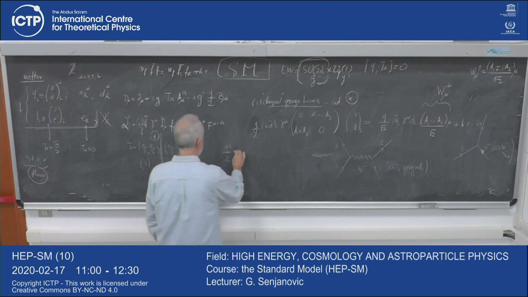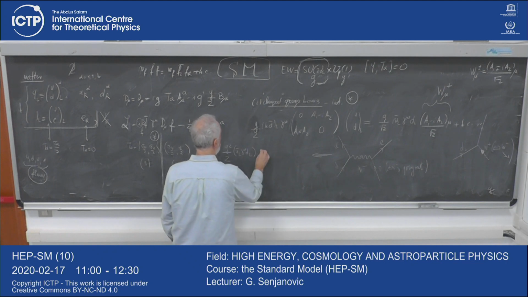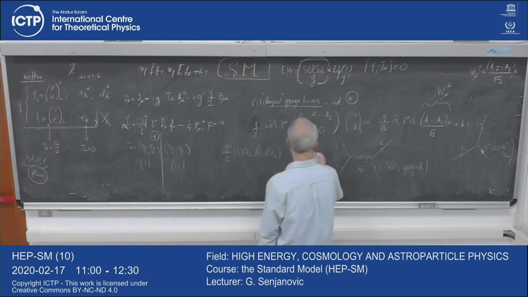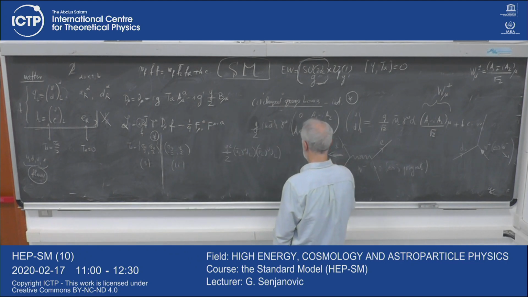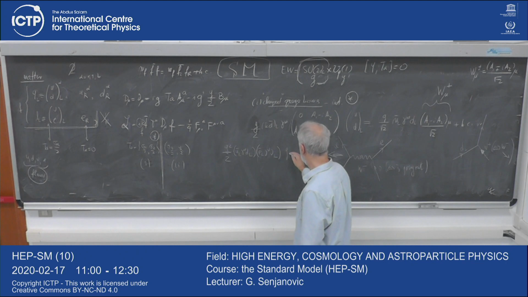And then I will have UL bar gamma mu dL, EL bar gamma nu nuL, and then I have a propagator, which is g mu nu minus k mu k nu over mW squared.